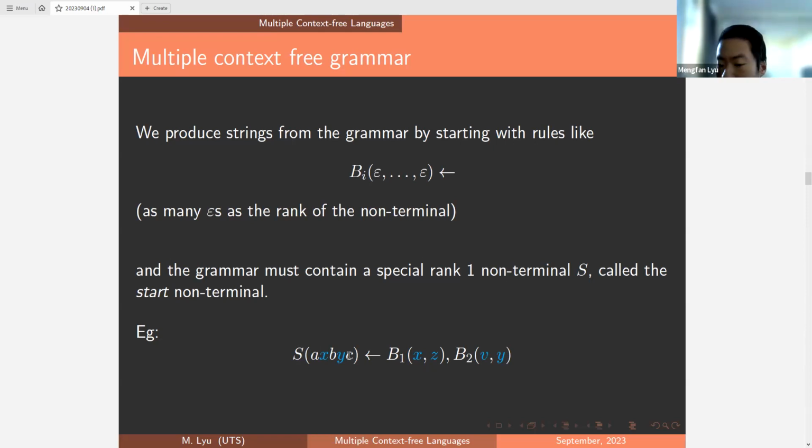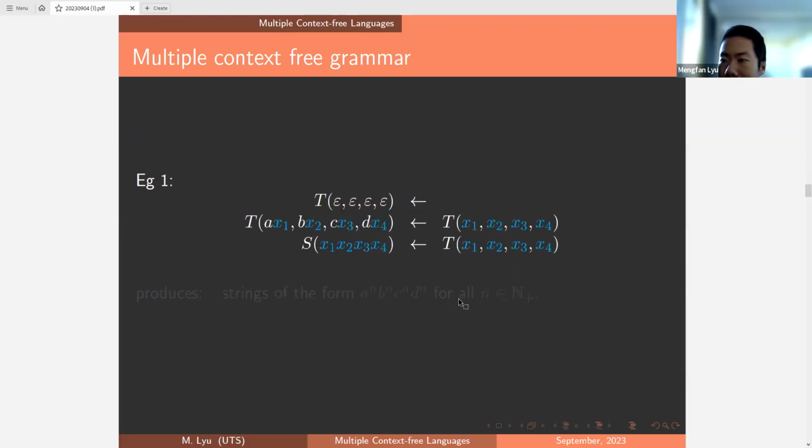You can use two or one, but here we just define one variable. And it is not necessary to use all these variables. We can just ignore some. So here we just pick out x and y, from B1 and B2. And then we get a new variable, which is a, x, b, y, c. And a, b, c are terminal letters.